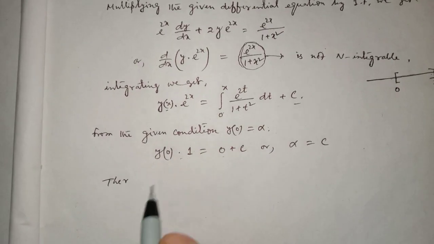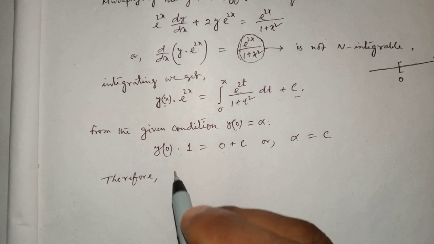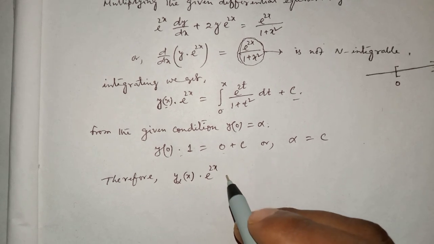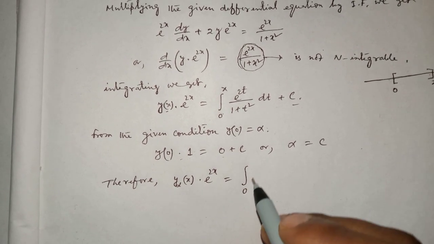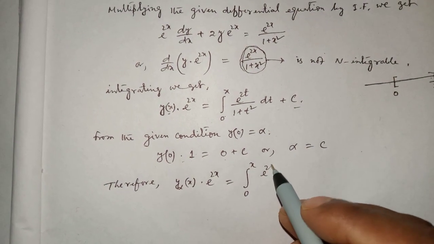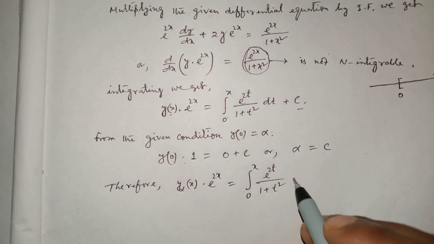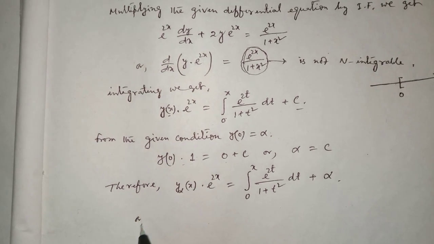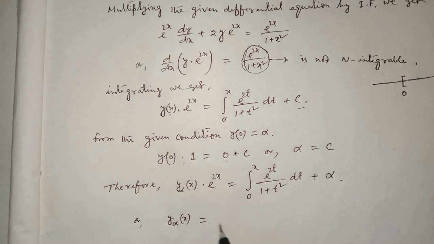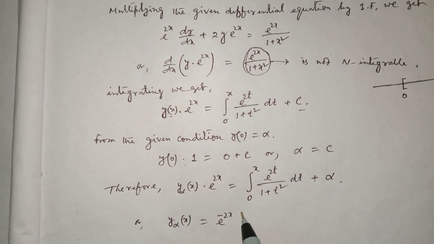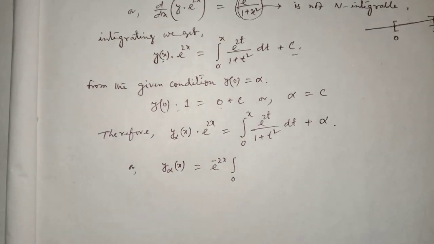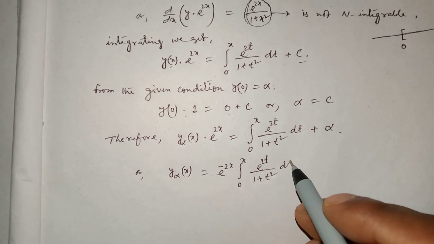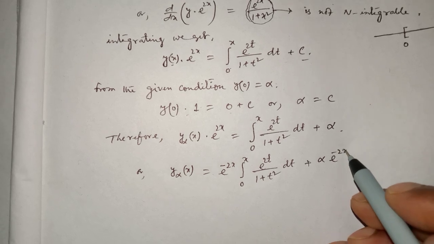Therefore y alpha of x into e to the power 2x is equal to integral from 0 to x of e to the power 2t by 1 plus t square dt plus alpha, or y alpha of x is equal to e to the power minus 2x integral from 0 to x of e to the power 2t by 1 plus t square dt plus alpha e to the power minus 2x.